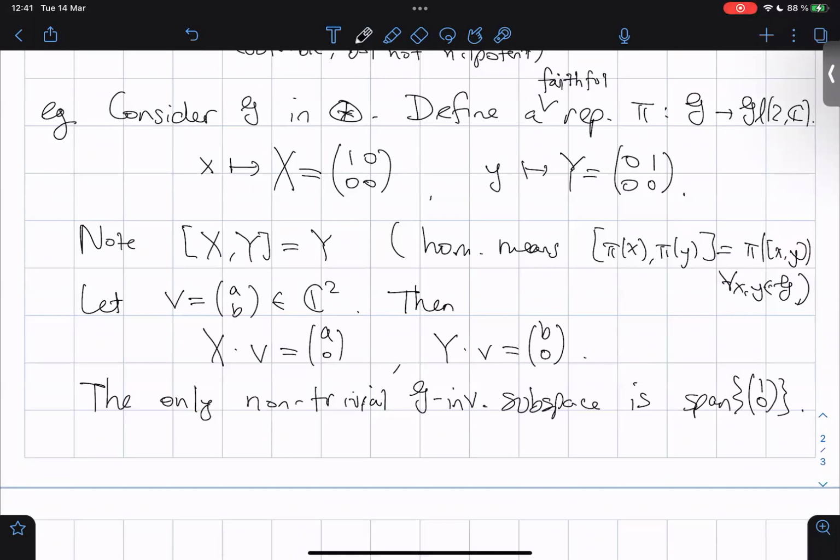But in this case, the only non-trivial invariant subspace is the span of the first basis vector. So in particular, this representation doesn't have an invariant complement.